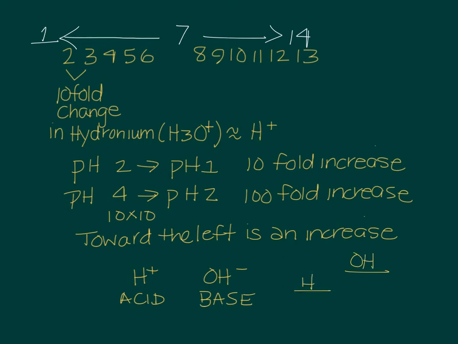This would be more basic. If it was reversed, so this is basic, if I had more H and less OH, then this would be acidic. When my H equals my OH, then it's neutral, or I have water.